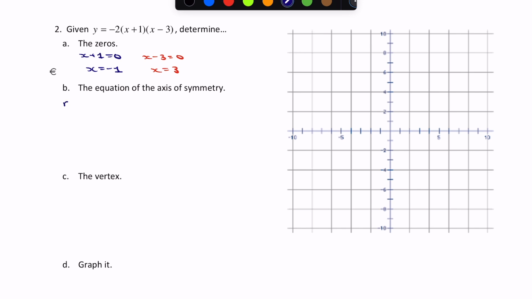If you call it the axis of symmetry, how we find that is there's a couple ways to do it, but here we can add the x-intercepts and divide by 2. And remember, the axis of symmetry cuts the graph in half and is also the x value of the vertex.